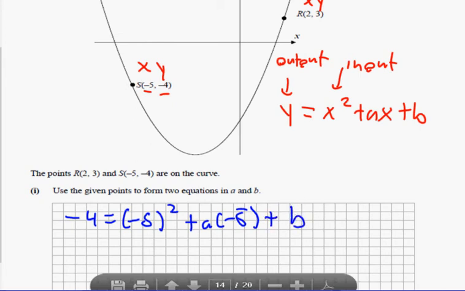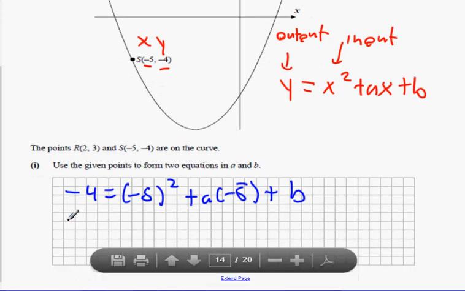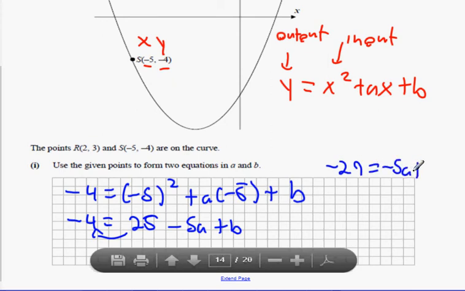We square it out and we get minus 4 equals 25 minus 5a plus b. What do we do with the 25? Bring it over to the other side, and what we're going to get is minus 29 equals minus 5a plus b. Who got that part out?